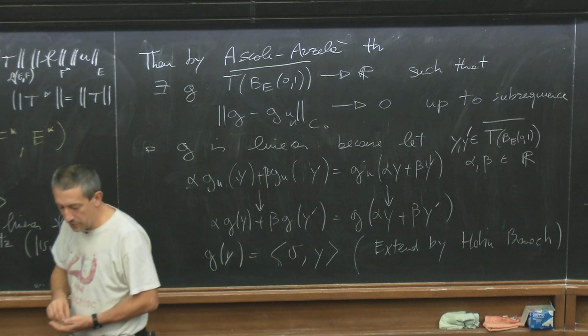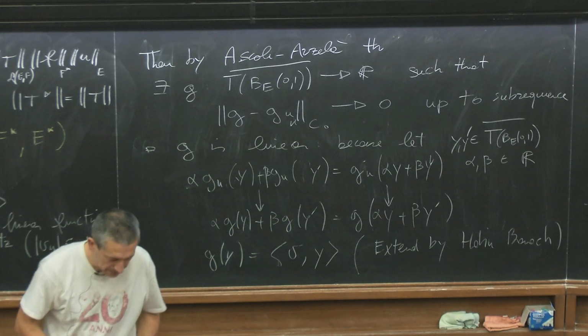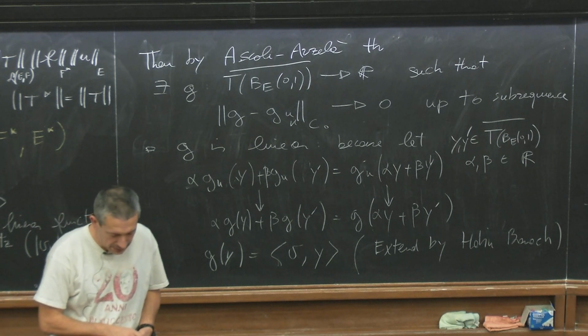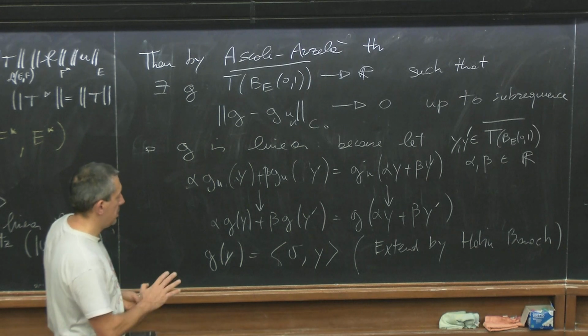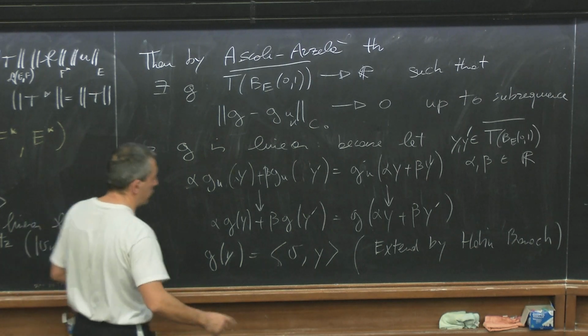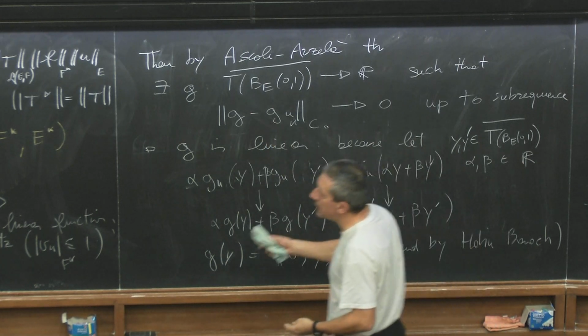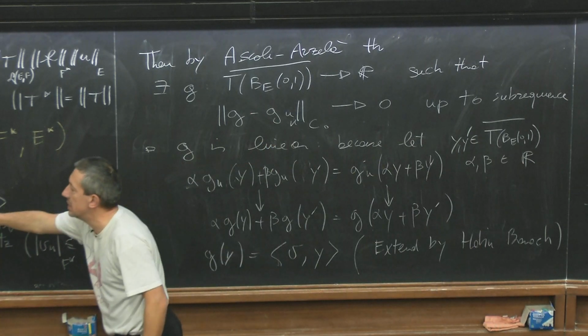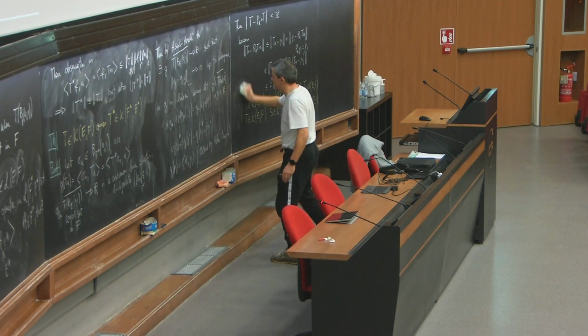So now we want to prove what the limit is. We want to pass this C0 convergence into the convergence of the image. So we now use the definition of T star.